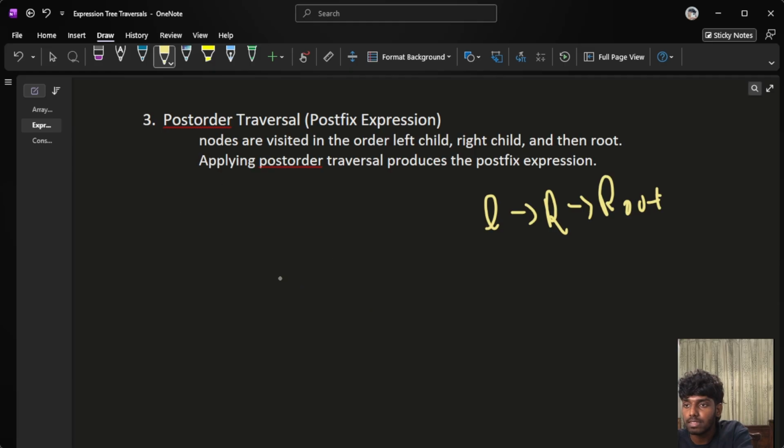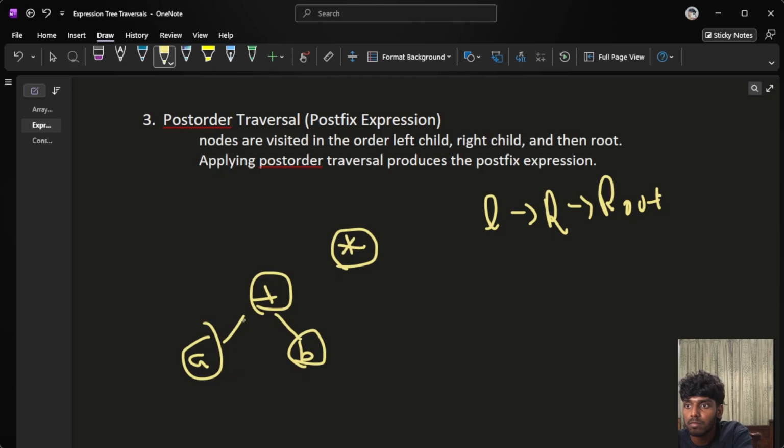Likewise, I'm going to use the same expression tree. You have the plus and then the A, and the C right here. And right here we go left, right, and root.